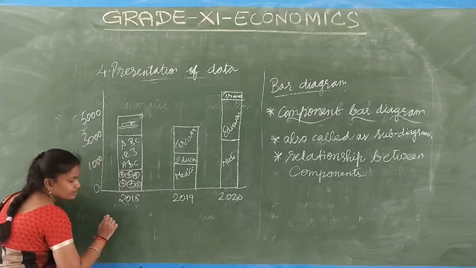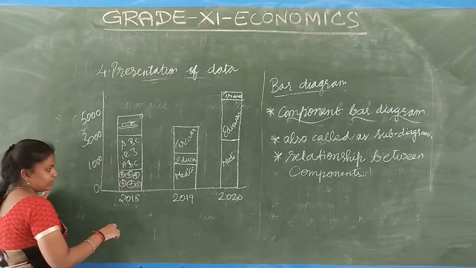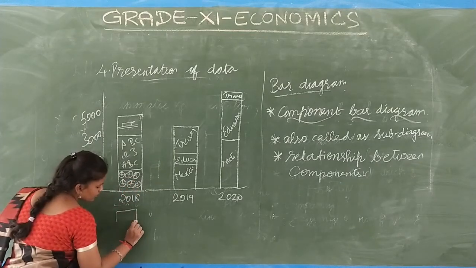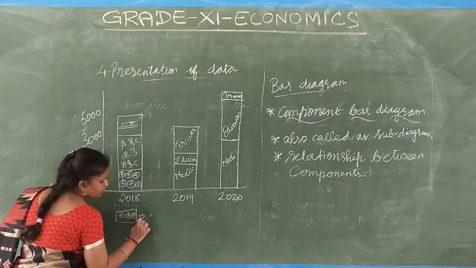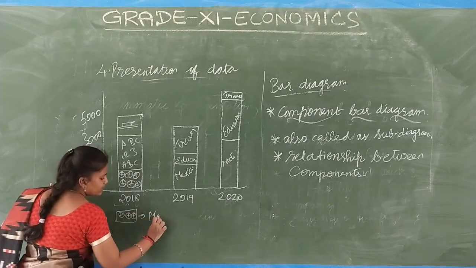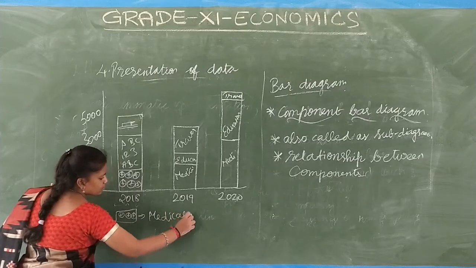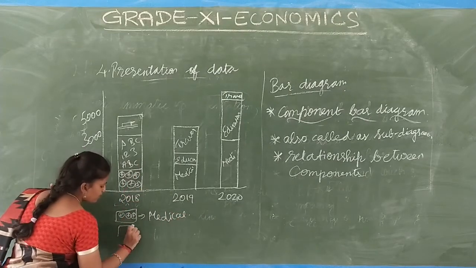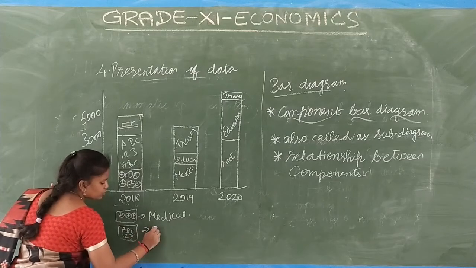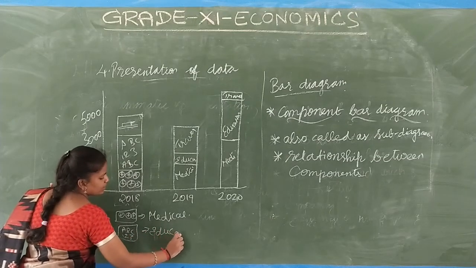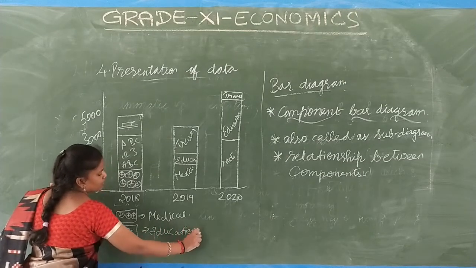You know that you have a note column, right? In that you can mention that if it is marked as plus, it means medical expenses. If it is marked as A, B, C, 1, 2, 3, it means educational expenses.